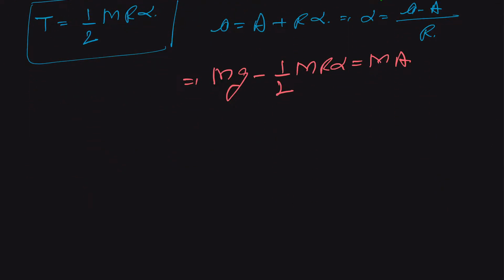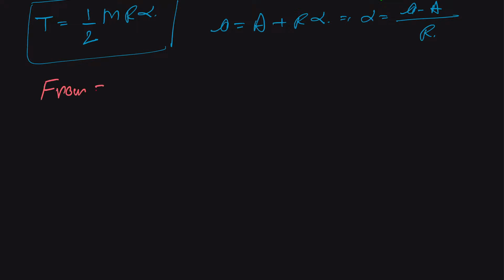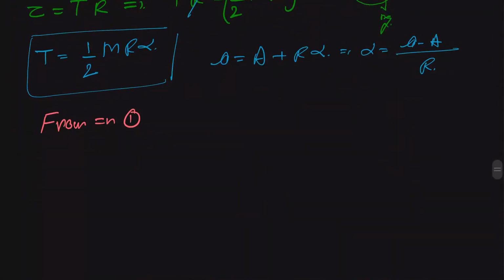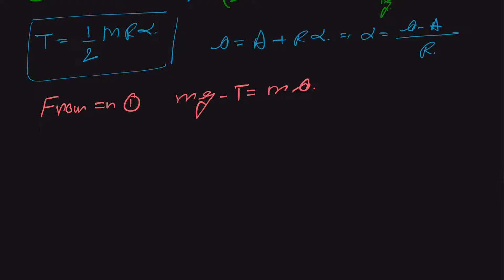So from equation 1, we have mg minus T is equal to m times a, and we substitute our T, we get this as mg minus half M r, and in place of alpha we can put a minus capital A divided by r.